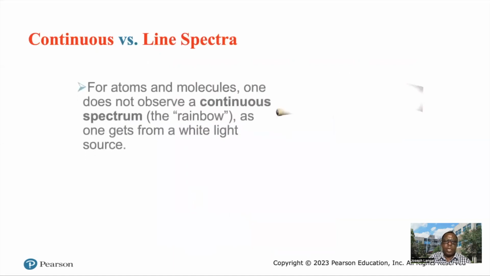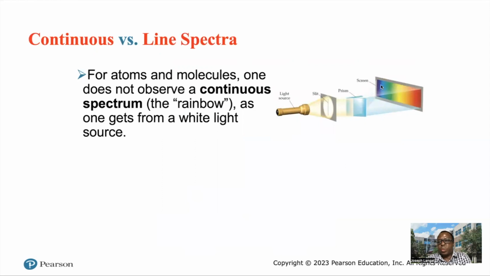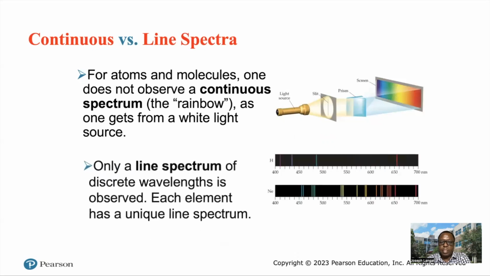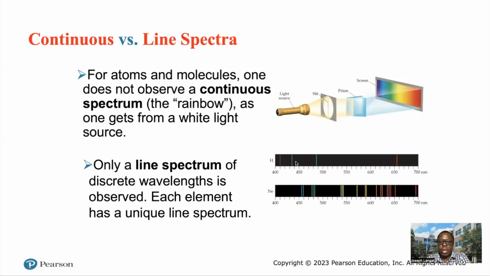Continuous versus line: this is continuous, red continuing to yellow, continuing to blue, and so forth. A continuous spectrum is for white light, but atoms have a line spectrum, for different elements. Take note that the numbers here stand for nanometers.